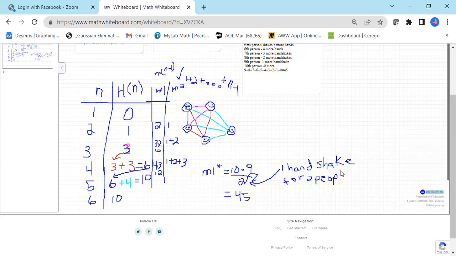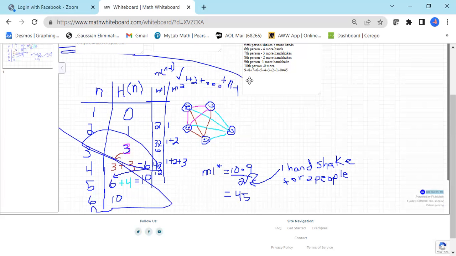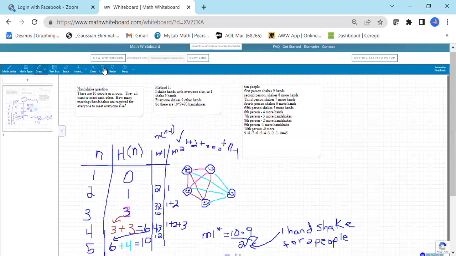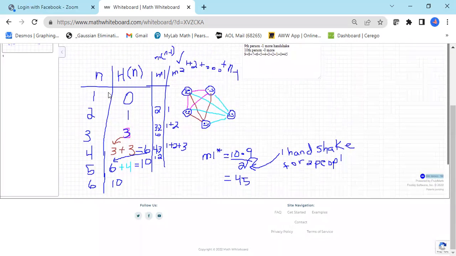To generalize, if we have n people, we would want n. Oh, sorry. Okay, so generalize.